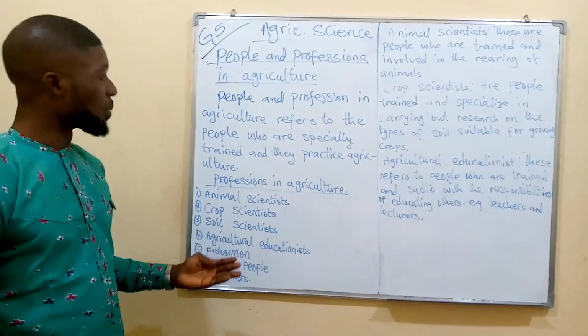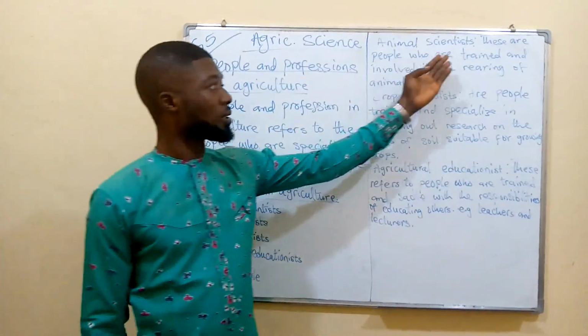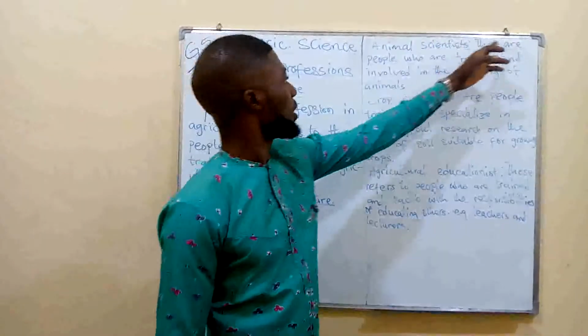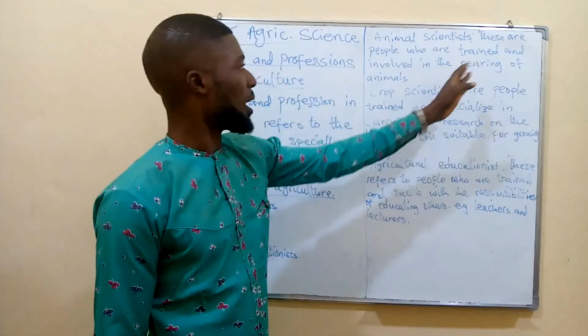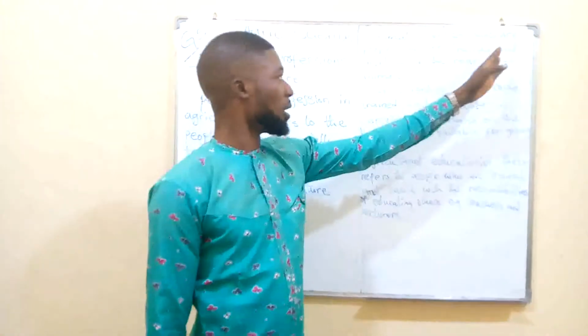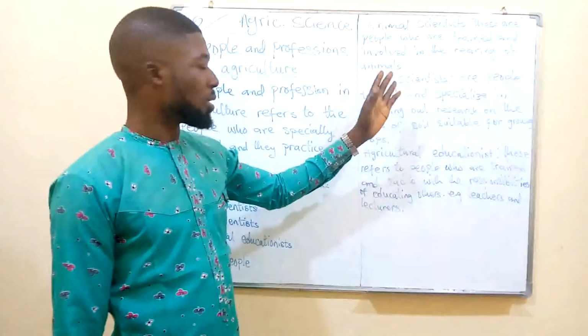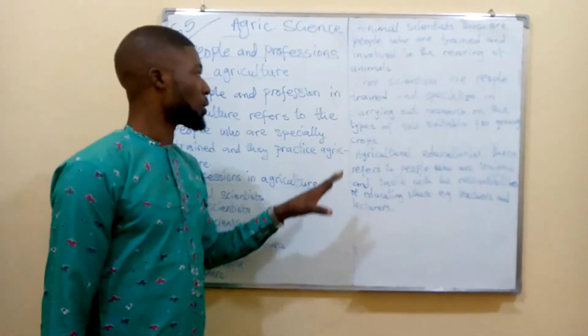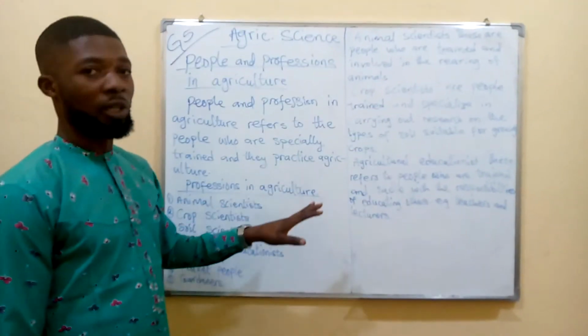Now, as a way of explanation, we say that animal scientists are people who are trained and involved in the rearing of animals.